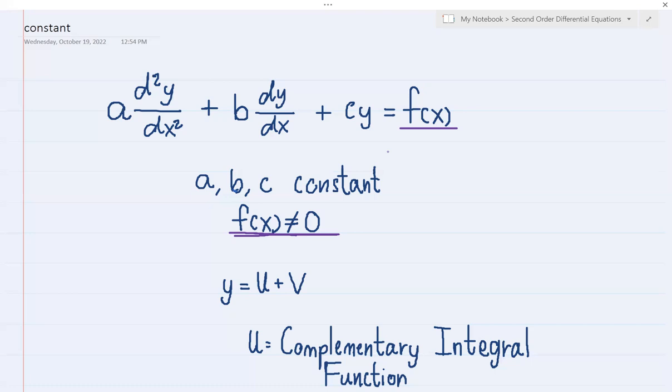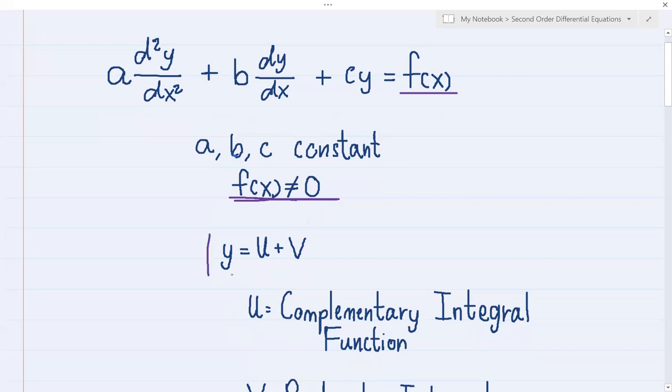Okay, so if you have watched it, then congrats. We can now proceed. All right. So since we have a second order non-homogeneous differential equation, we're going to use this as our general solution.